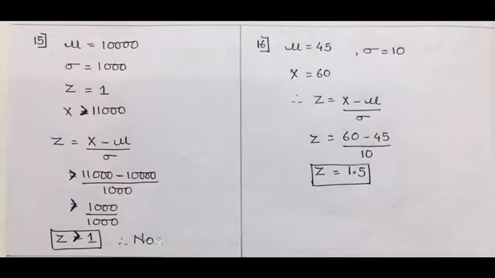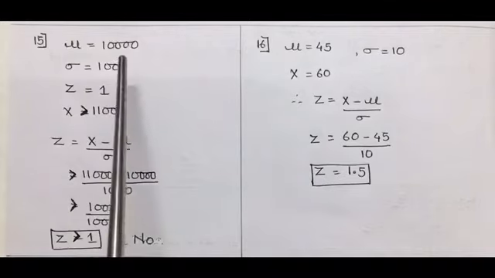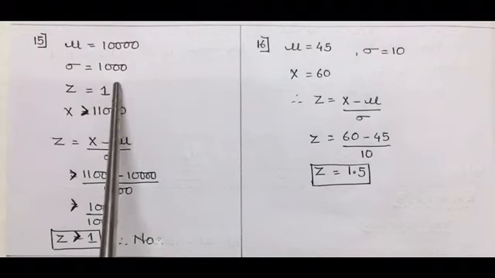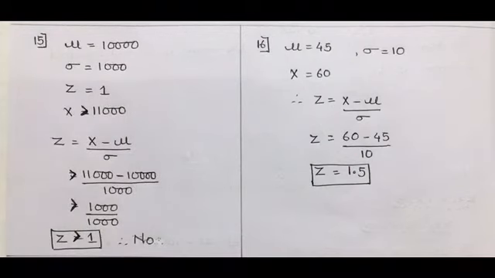The 15th one given is: the monthly expense of a group of persons follows normal distribution with mean 10,000. The value of mu is given as 10,000 and the standard deviation is 1,000. A student has obtained a Z score equal to 1. Z score is equal to 1 given.